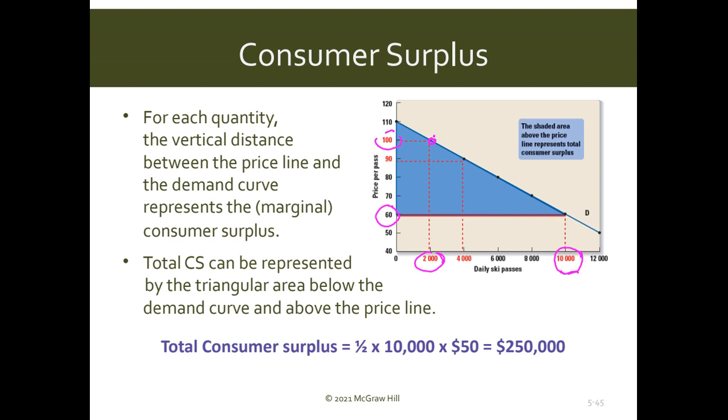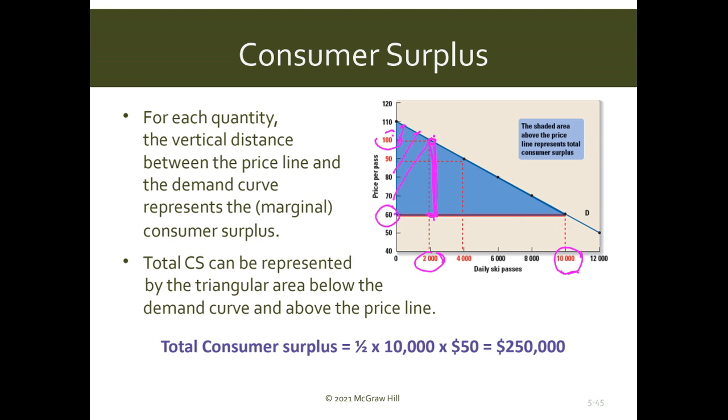So when they buy 200 passes, their consumer surplus is this gap, 100 minus 60, 40. But we are not interested in marginal surplus. We are interested in total surplus. So total surplus is basically the area, this whole triangle that is given in blue.